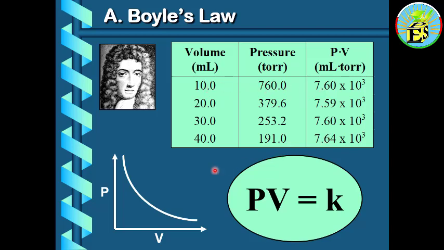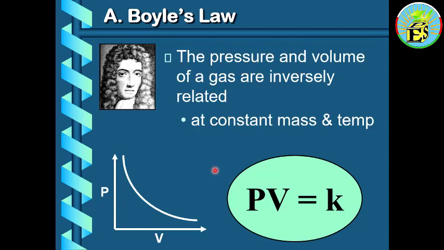So I can say Boyle's law states that the pressure and volume of a gas are inversely related at constant mass and temperature. We must note that at constant mass and temperature. What does constant mass mean?